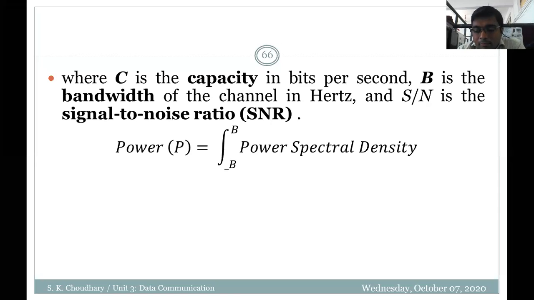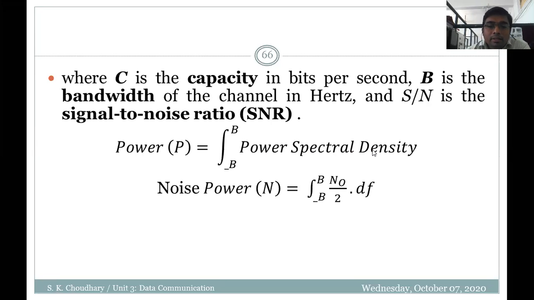There is a mathematical formula for calculation of power over the bandwidth. Here you can see the equation where the power is defined as an integration, with limits from minus B to plus B, that is the bandwidth actually, of the power spectral density. So we write the noise power spectral density.